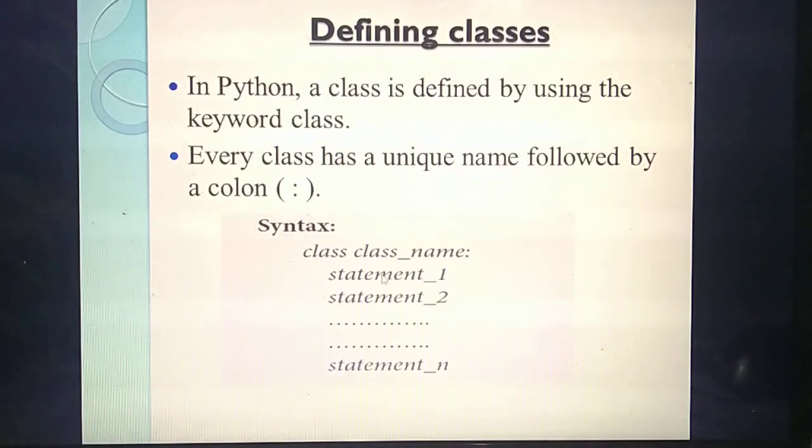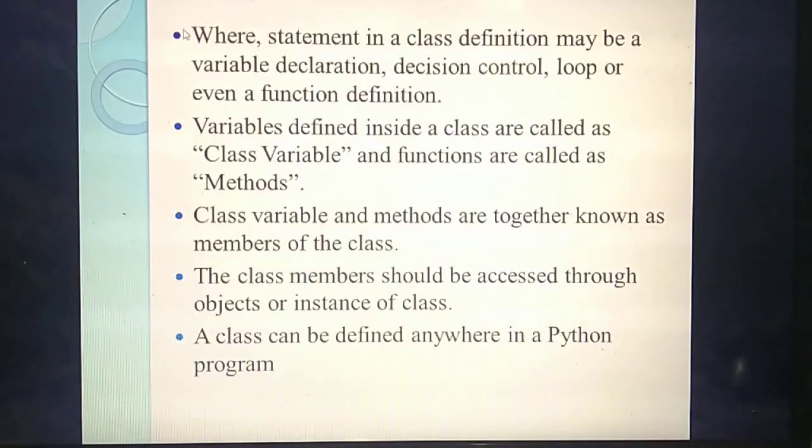Understand? So inside the class, you define a lot of statements. Statement 1, statement 2 till statement n. N number of statements you can define. Inside the statements, you can define variables, functions, loops, everything. So what's the syntax?